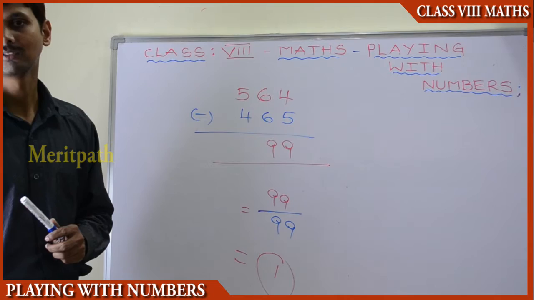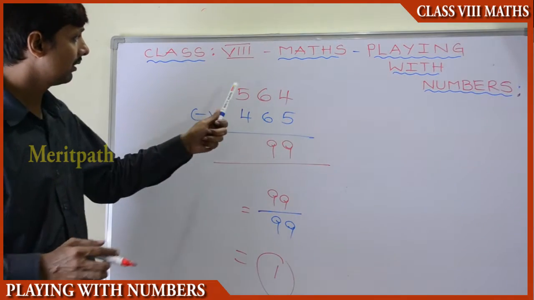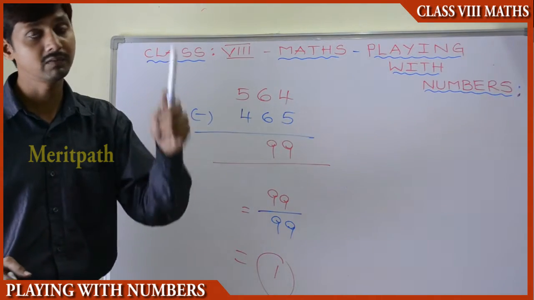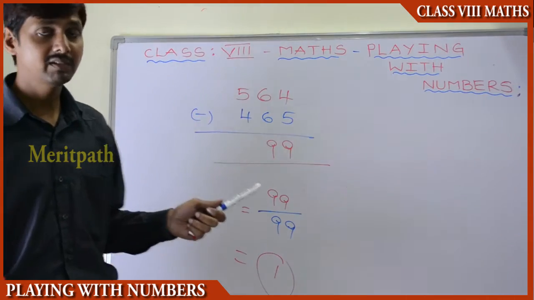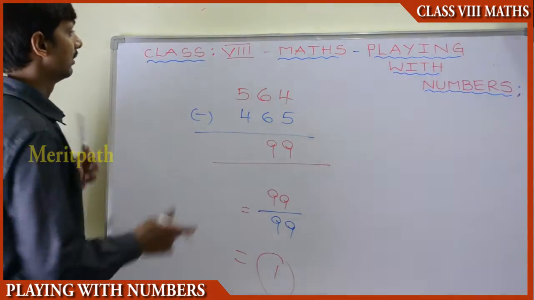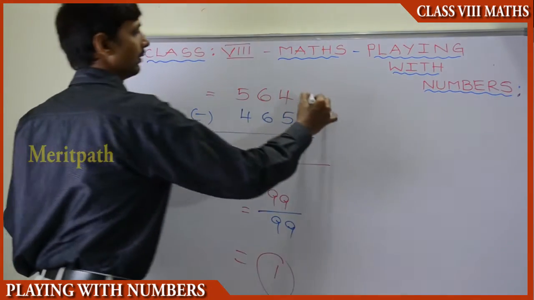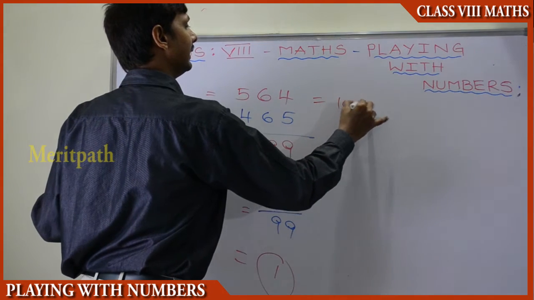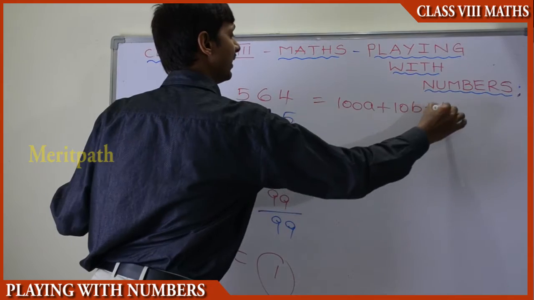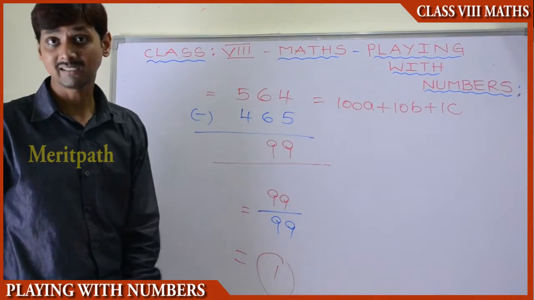This is the concept. So let's take the same thing for a 3-digit number. We take the general form of a 3-digit number, as we took previously for a 2-digit number. That is nothing but 100A plus 10B plus 1C, because in a 3-digit number there are hundreds, tens and ones.